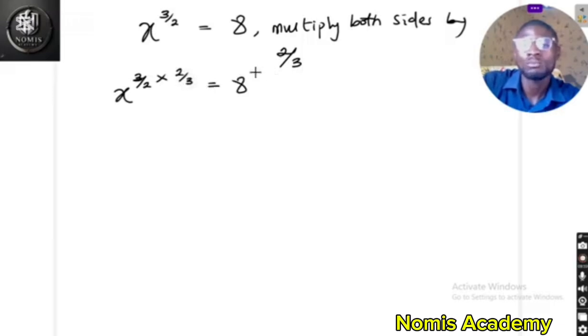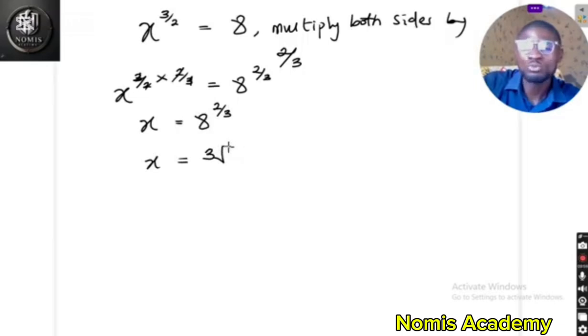to 8 multiplied by 2 over 3. So 3 here cancels 3, 2 here cancels 2. So I'm left with x raised to the power of 1, and that is x equal to 8 raised to the power of 2 over 3. Say cube root of 8, raised to the power of 2.